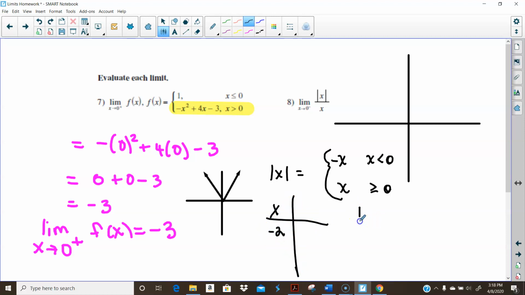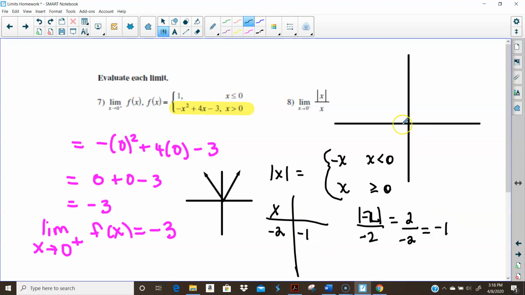If I take the absolute value of negative 2 divided by negative 2, so this is the absolute value of x over x, the absolute value of negative 2 comes out as 2, and I have a negative 2 on the bottom, and that's always going to equal negative 1.